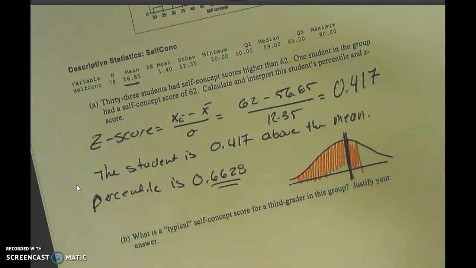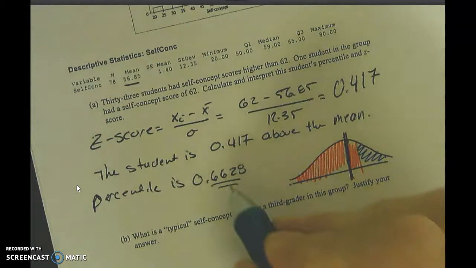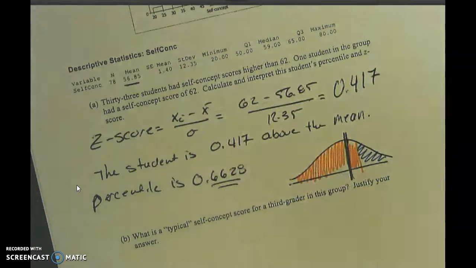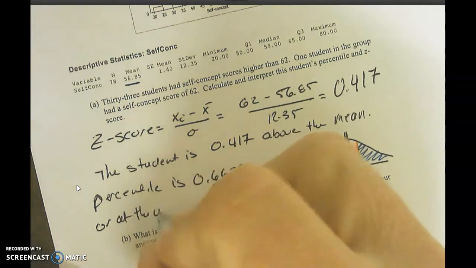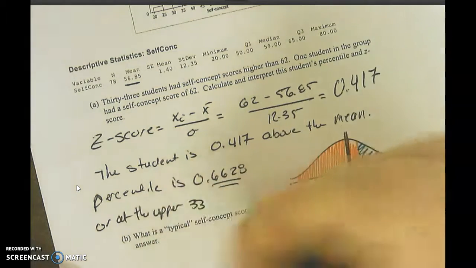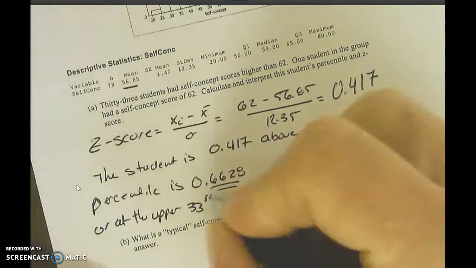Okay. But what did the question say? Nope, keep going, the first sentence. Okay. So which way's higher? It's going to be all this right here, correct? So instead of saying, we can either interpret it saying he's at the 66th percentile, or at the upper 33rd percentile.